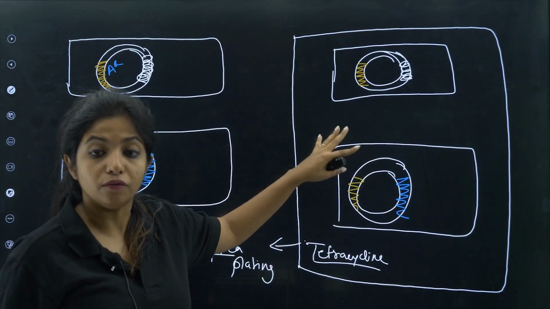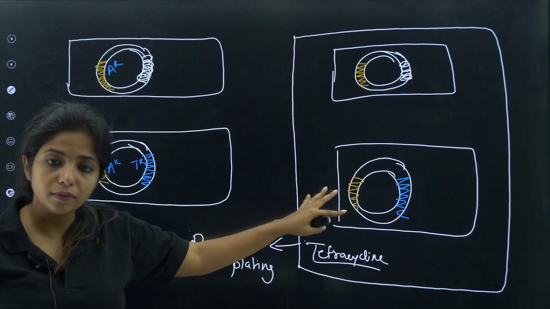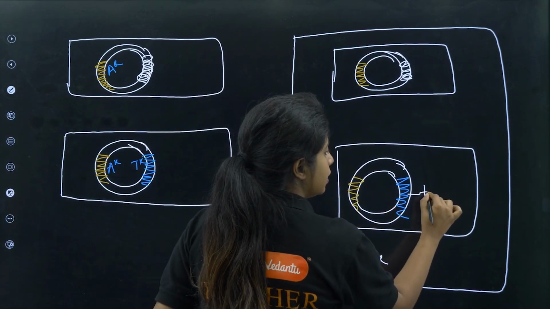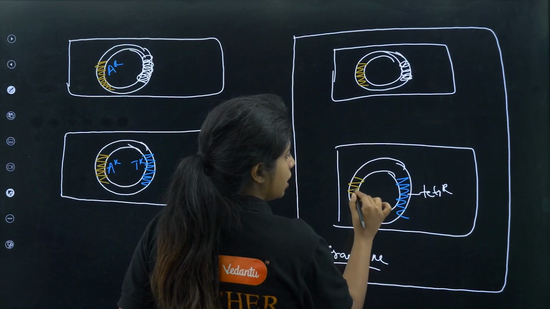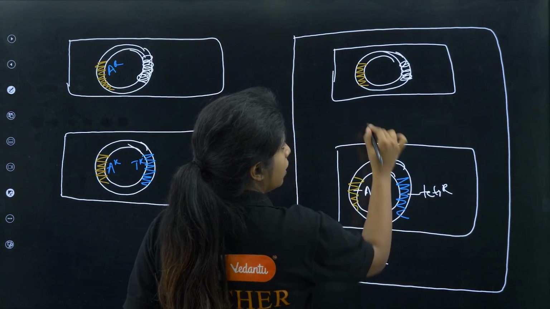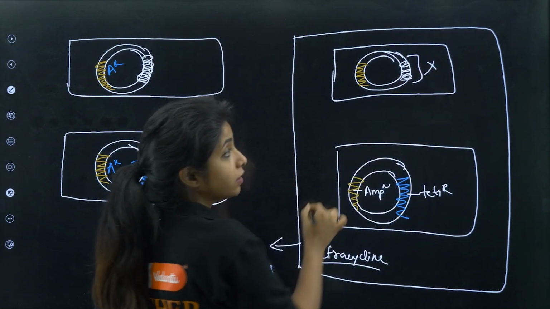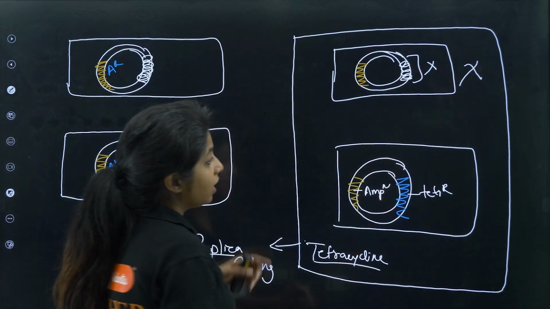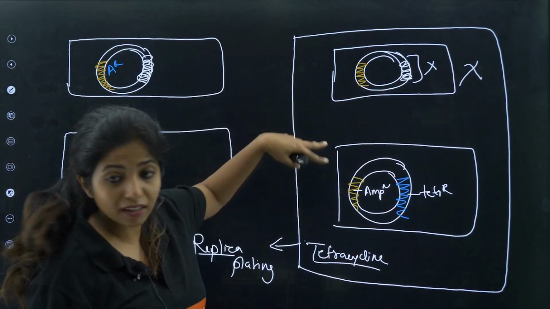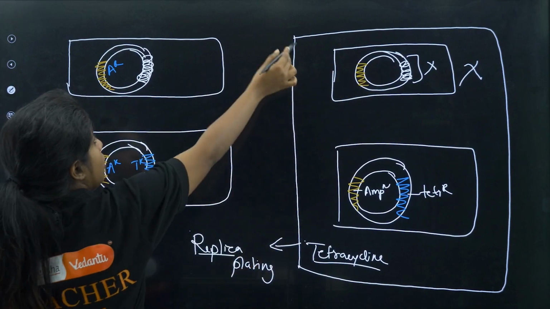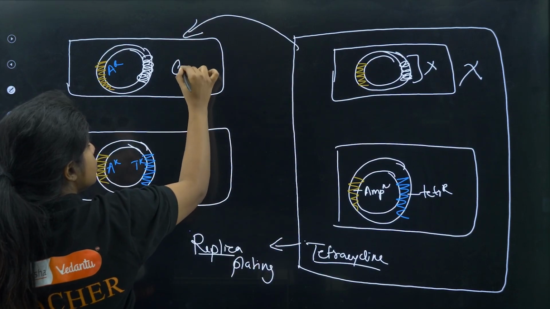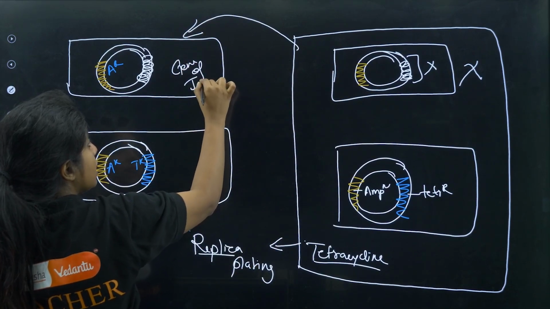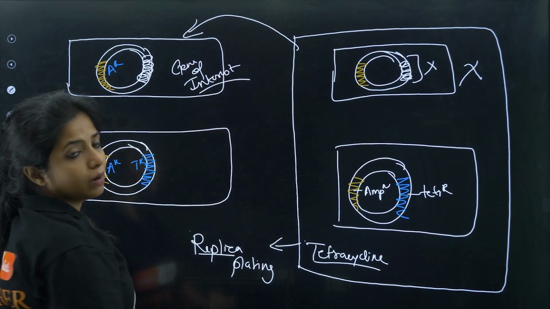Yes, this colony will definitely survive because it has the tetracycline resistant gene, and this colony does not have the tetracycline resistant gene because it has the gene of interest. So this won't be able to survive, and that's how I will get to know that I made a replica plating. That's how I'll get to know that the colony from where I took has the gene of interest, and now I can take them and make their multiple copies.